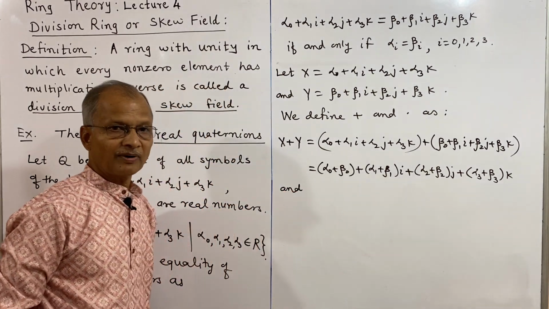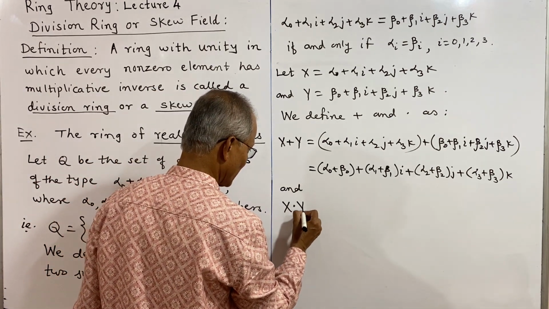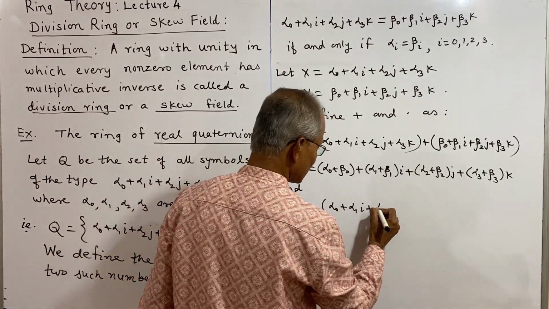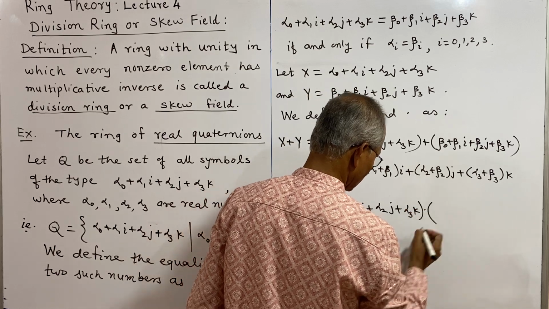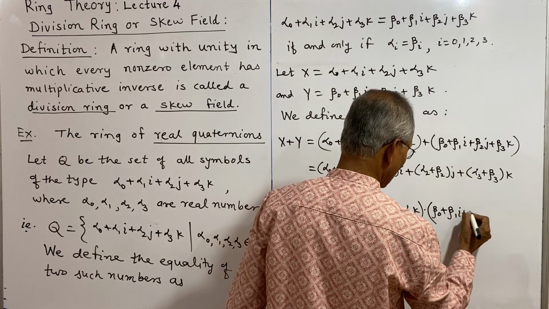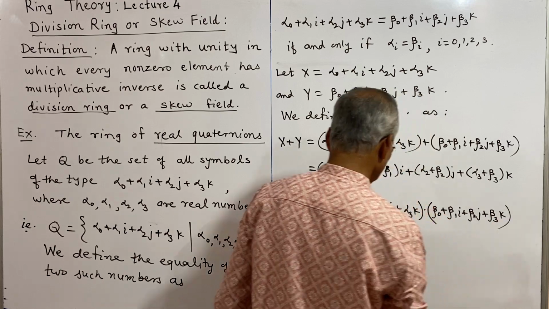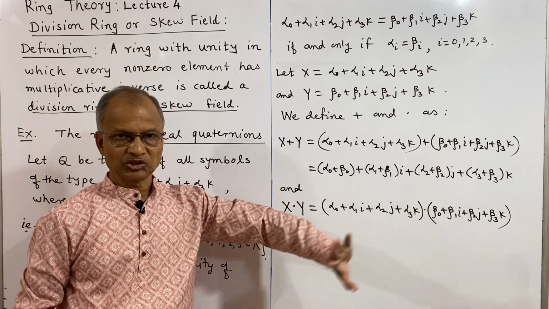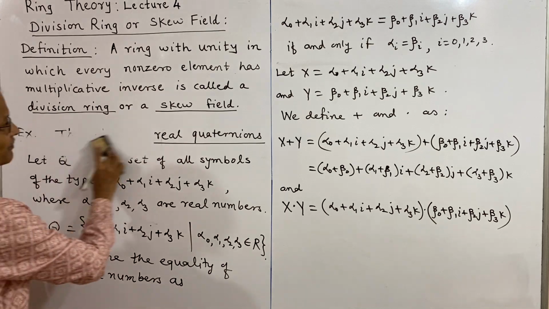Further we define x into y, or x dot y, as alpha naught plus alpha 1 I plus alpha 2 j plus alpha 3 k, multiplied by beta naught plus beta 1 I plus beta 2 j plus beta 3 k. Here we need the multiplication of these imaginary parts I, j, k, and that is done like this.